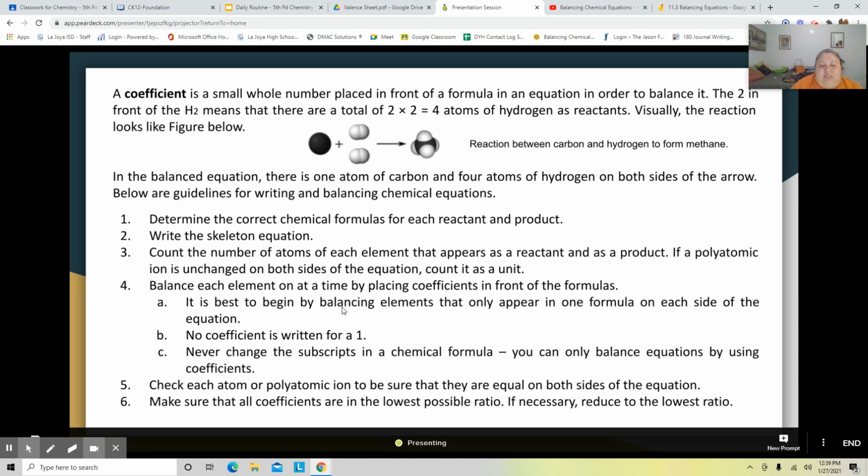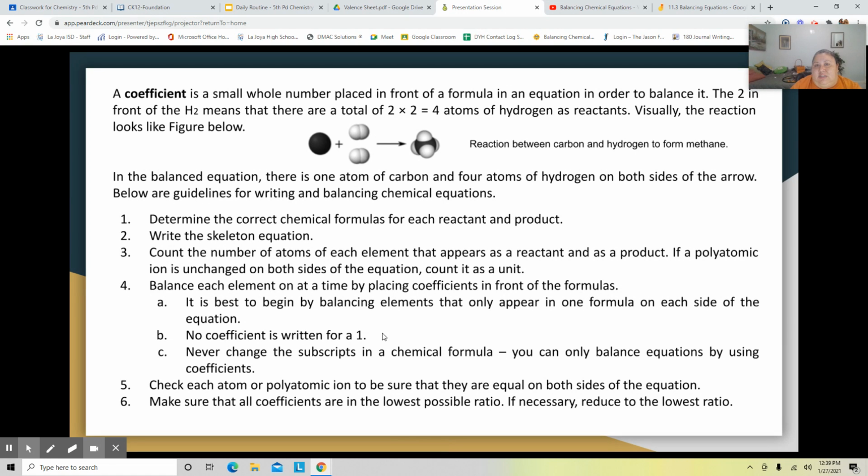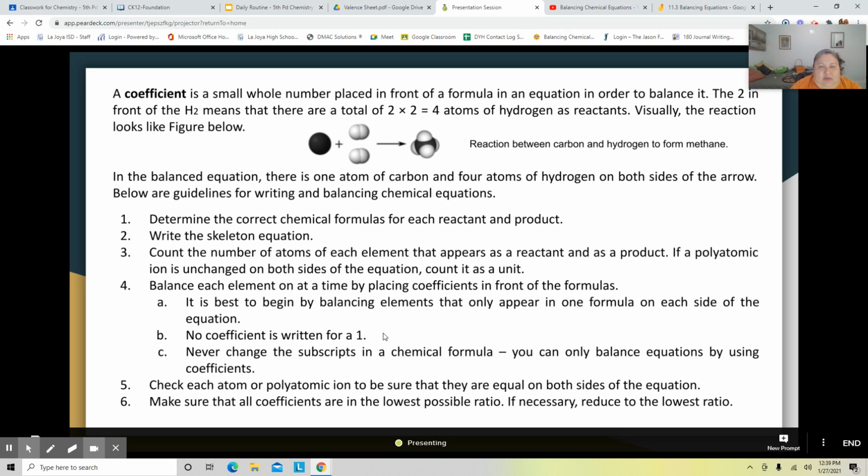It is best to begin balancing elements that only appear in one formula on each side of the equation. No coefficient is written for a 1. If you don't put in a coefficient that's a 2 or bigger, then leave it blank, okay? 1s are understood. You do not need to be showing 1s for the coefficients, okay?